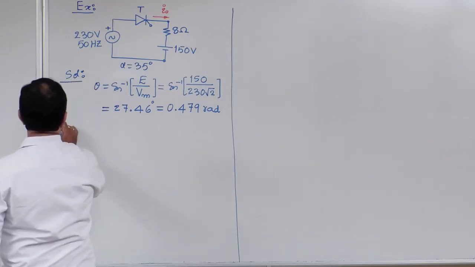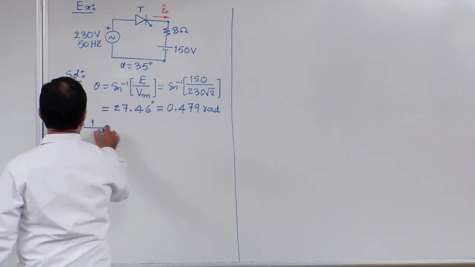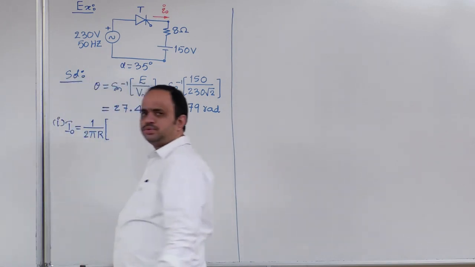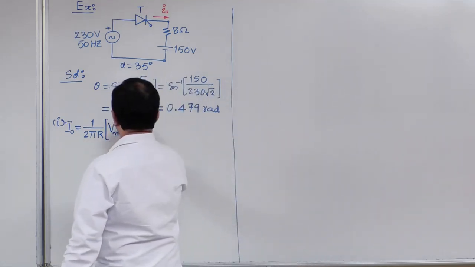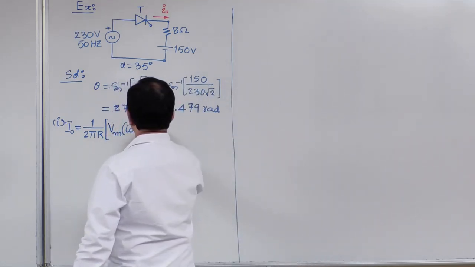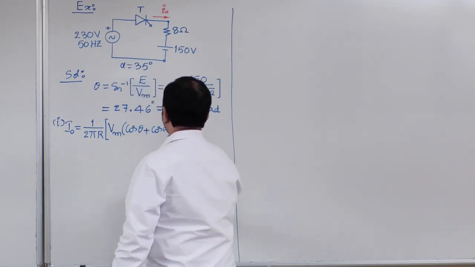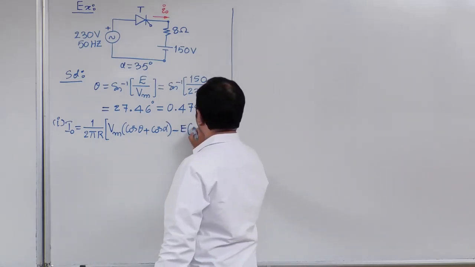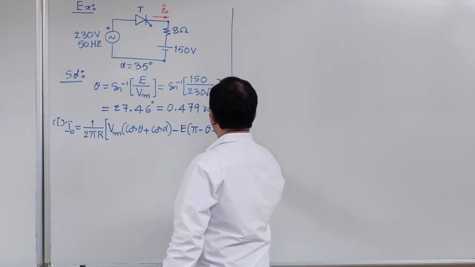Now after this we need to find the average value of output current. So first question, let us write down the equation for I naught. 1 by 2 pi R, Vm into cos theta plus cos alpha, minus E into pi minus theta minus alpha.